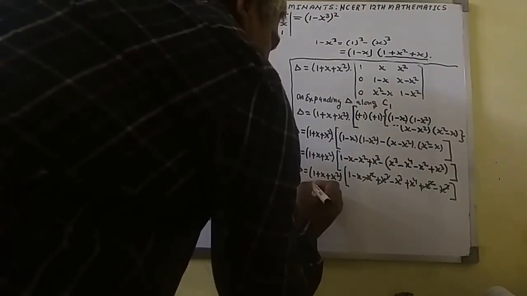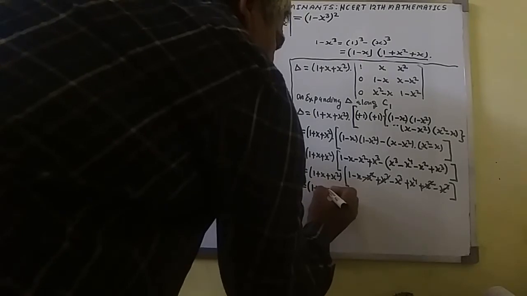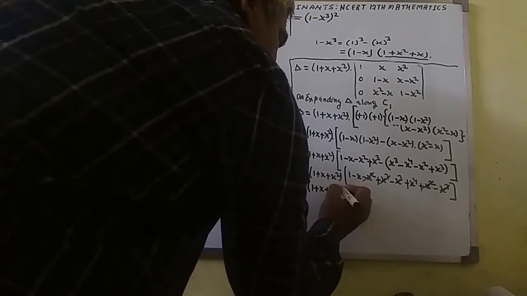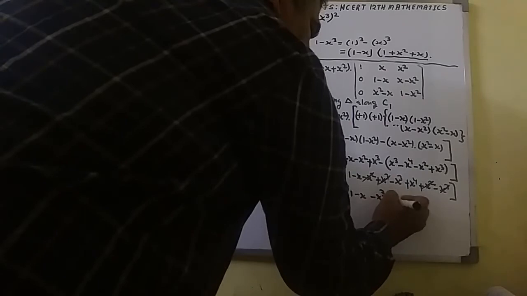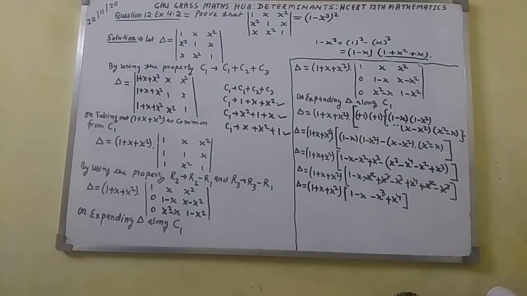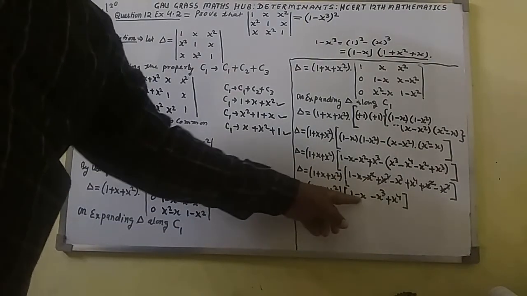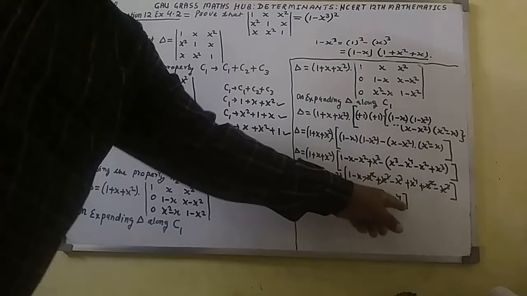So here I shall write det equal to 1 plus x square you will get, and open here the bracket, here write 1 minus x minus x cube plus x to the power 4, this thing you will get.